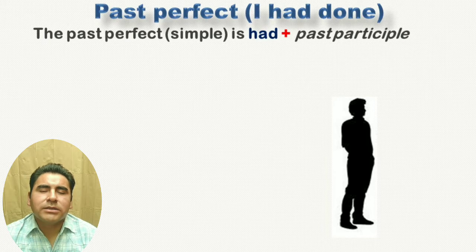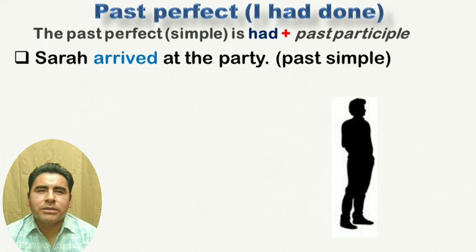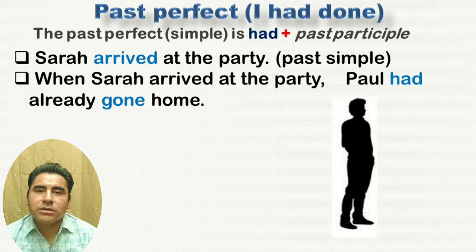That is past simple, very easy with -ed, right? The other one: when Sarah arrived at the party, Paul had already gone. If you want to use already or just, it's possible, but it's very simple to do that. The important thing over here is had plus past participle, like had gone.